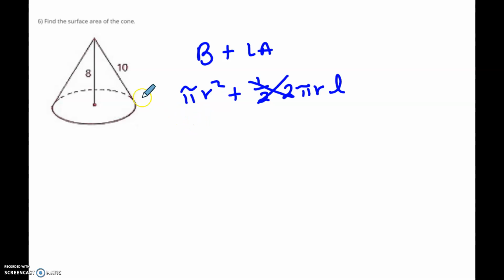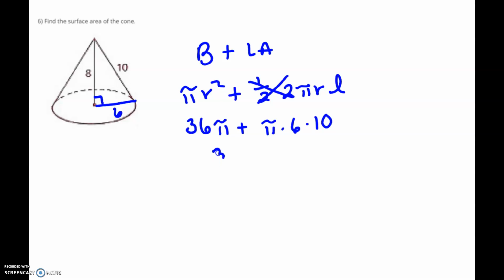So for my circular base, I need my radius. Again, I hope you recognize a triple here in our right triangle. 8 and 10 go with 6. That's a second multiple of our 3, 4, 5. So 6 squared gives me 36 pi for the base. And then I'm just doing pi times my radius times my slant height, which was 10.